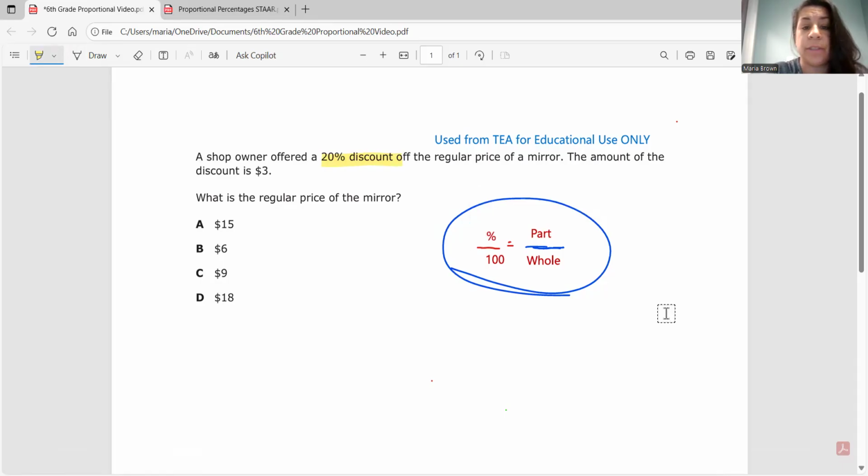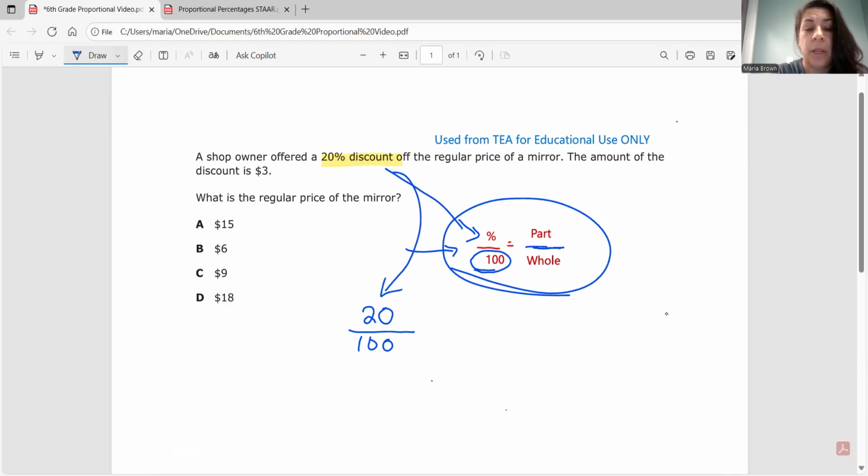We're going to start with that, and I can fill that into my formula. I can put 20%. And remember, this portion of it always stays the same. It's always going to be over 100. So we have the percent, so we plug that in right here.